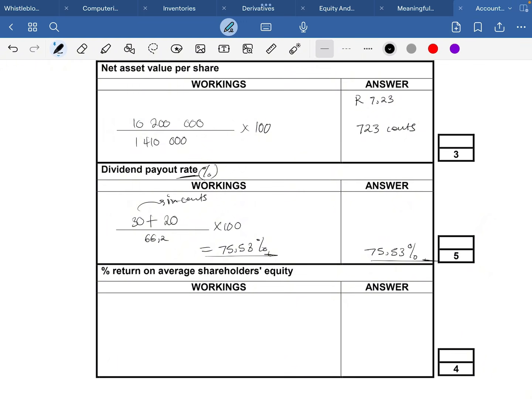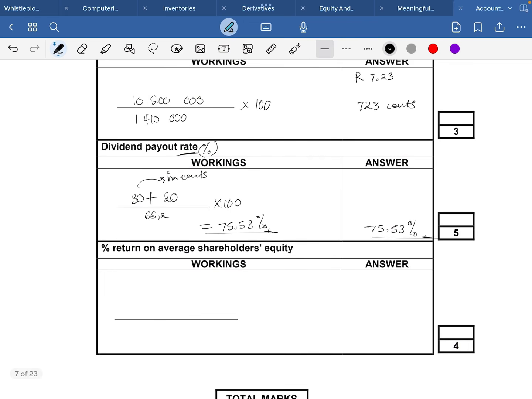And last one, percentage return on average shareholders' equity. Now this one has got 4 marks. On average shareholders' equity, there's going to be a half somewhere.